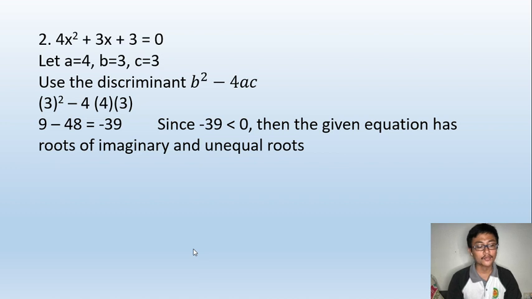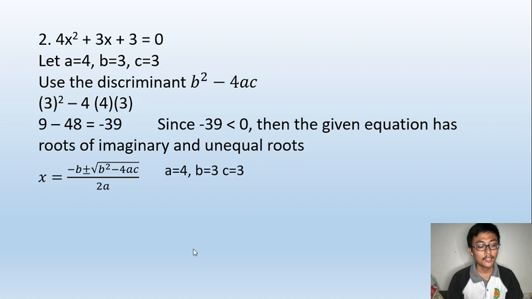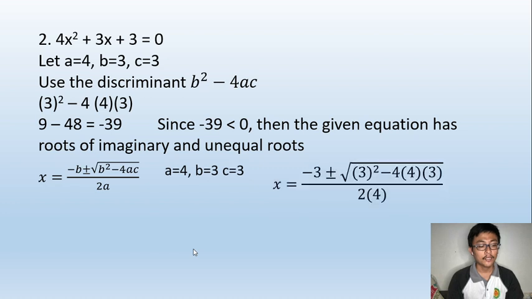So, to verify kung talagang imaginary or unequal roots lalabas, let us try to solve the given equation using quadratic formula. Ganun pa rin, a equals 4, b equals 3, c equals 3. Substitute the values to the quadratic formula.